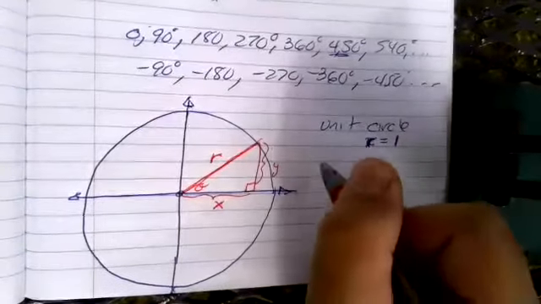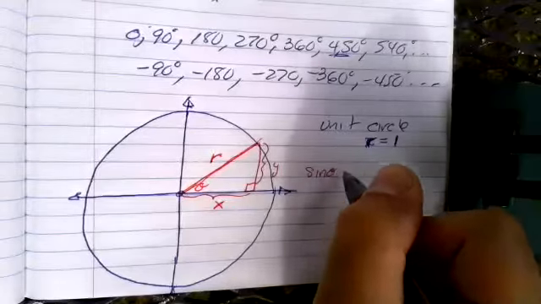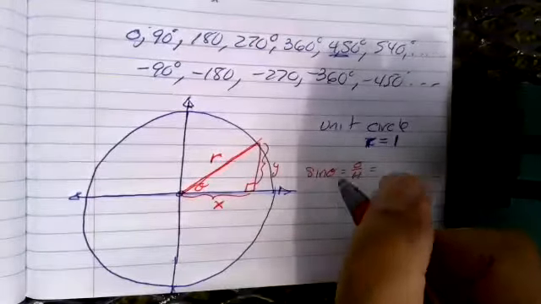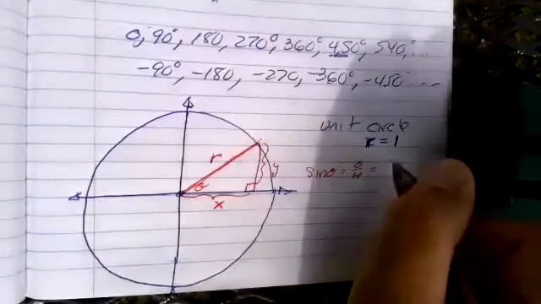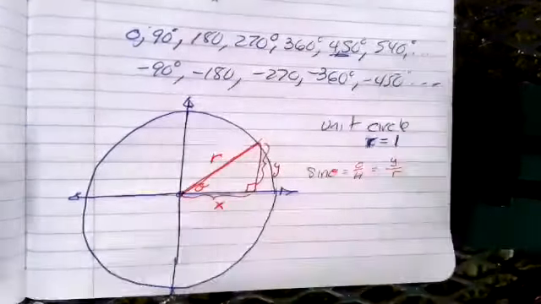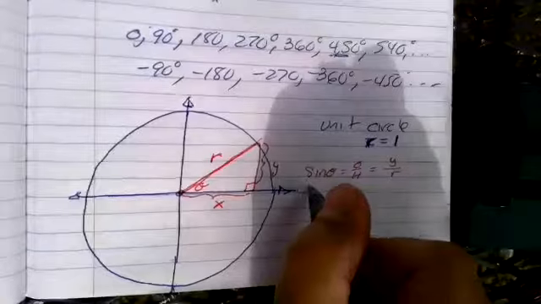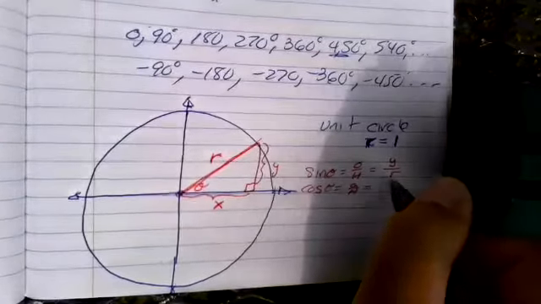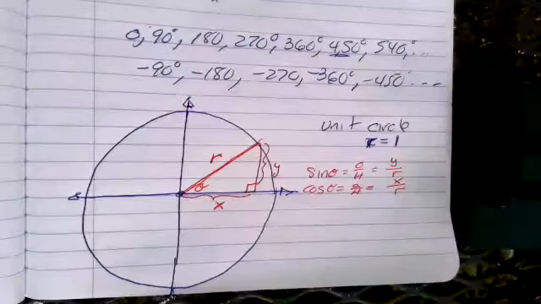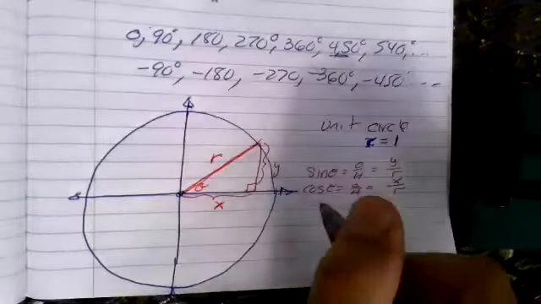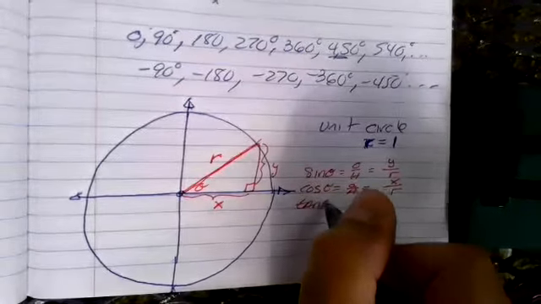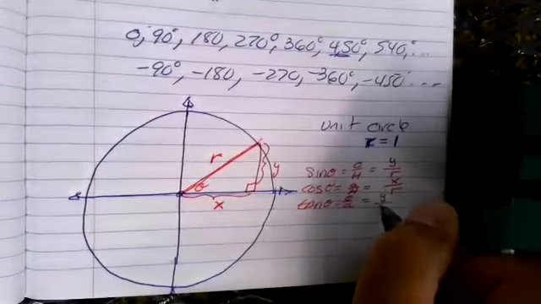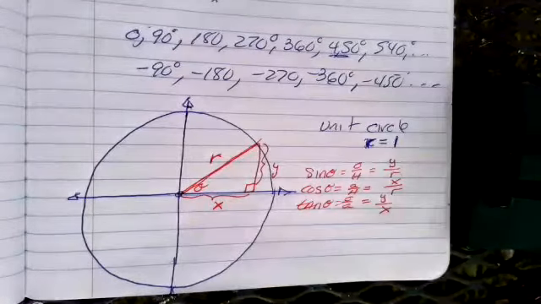So in the past, a few minutes ago, sine theta was opposite over hypotenuse. Well, now sine theta is my opposite, which is y over r. And cosine of theta, which was adjacent over hypotenuse, is x over r. And tan, which was opposite over adjacent, opposite is y, adjacent is x, is going to be y over x.